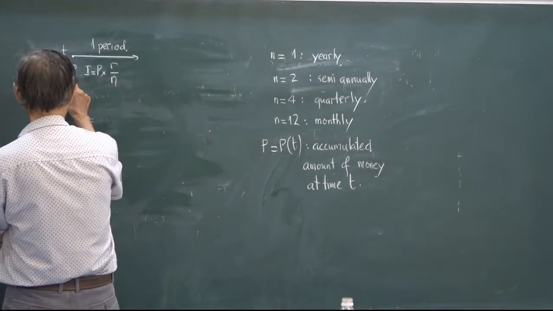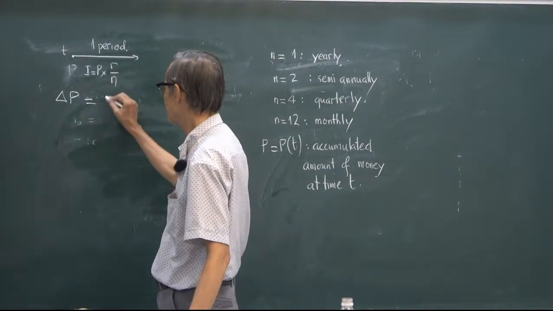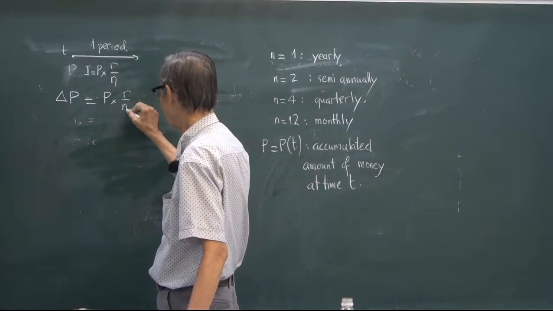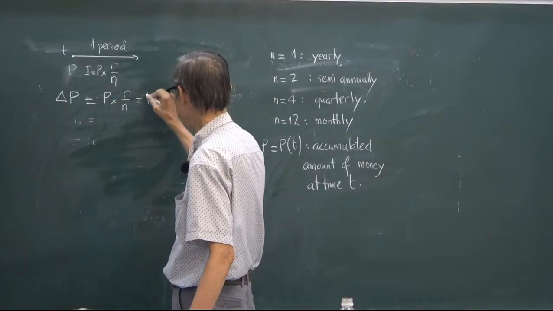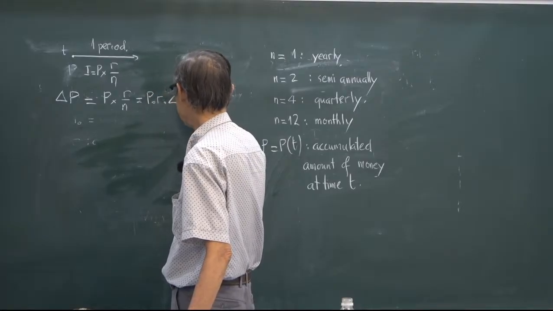So we have delta P equals P R over N equals P R delta t.